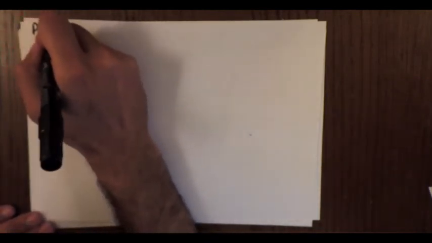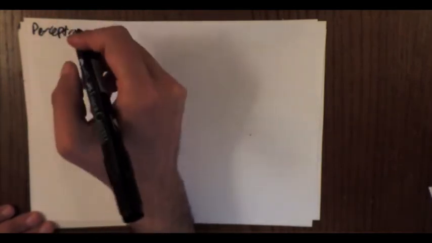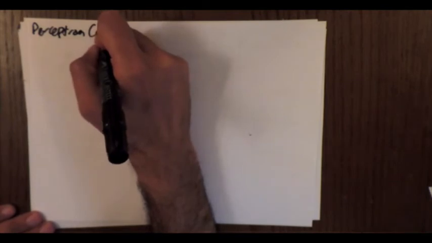Now, to elaborate more on how it learns, we're going to talk about the perceptron convergence theorem. The perceptron is the neuron we're talking about, the Rosenblatt neuron.